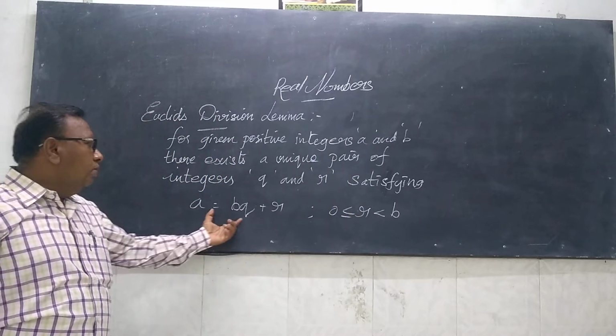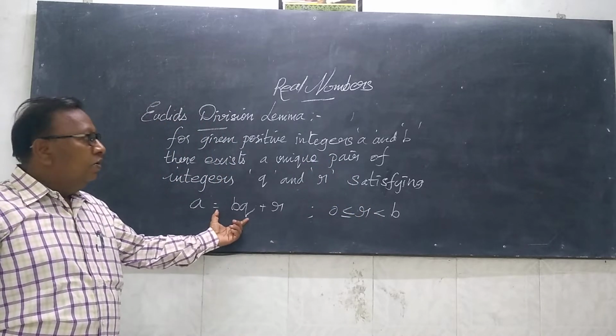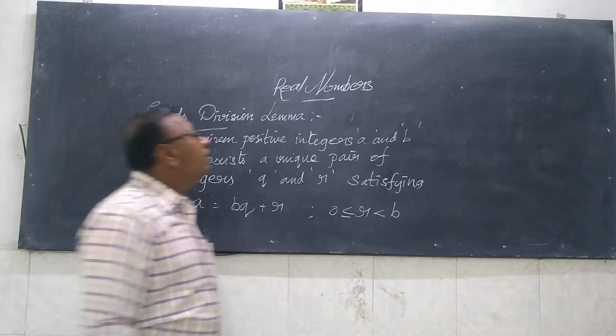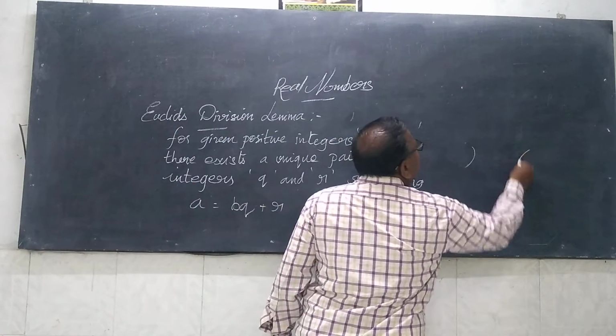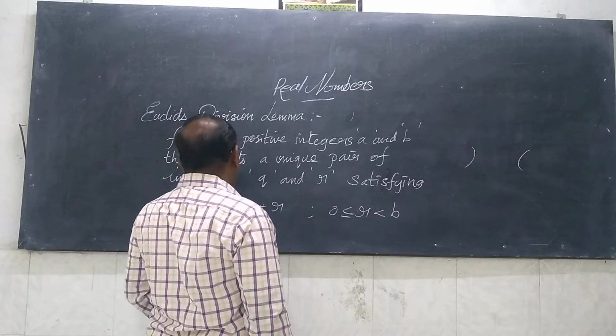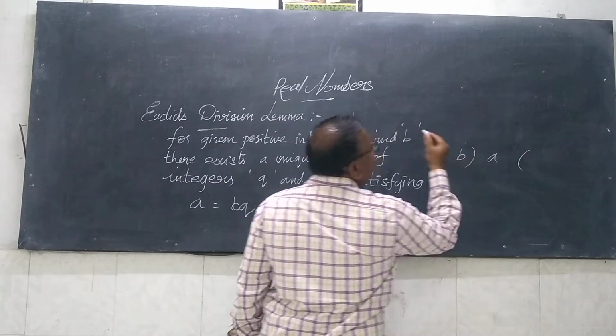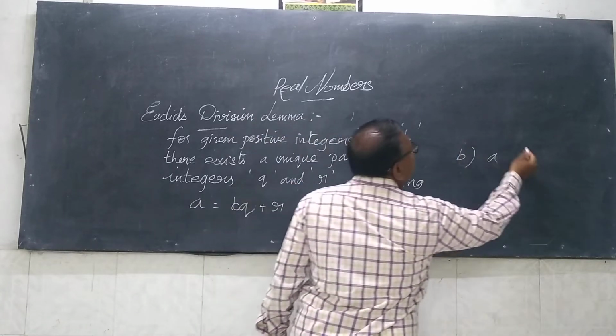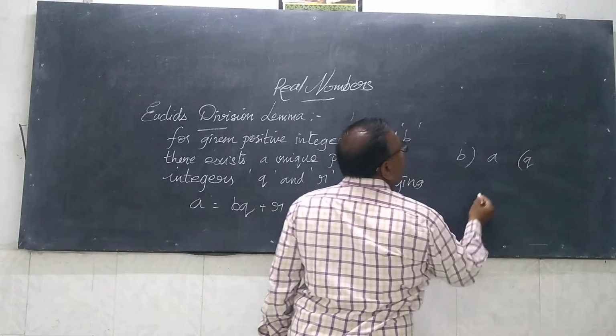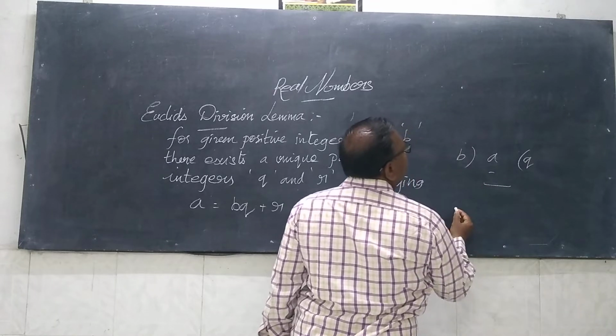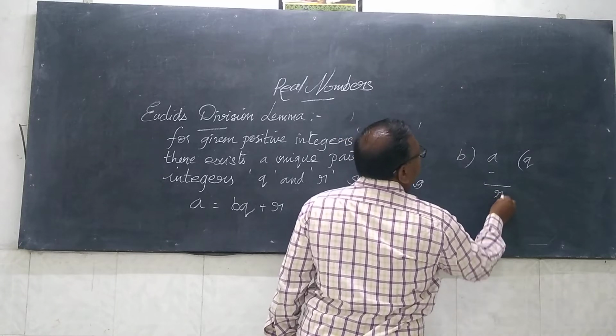Now to remember this equation, we can go for simple mathematics. See here, division of a with b. The quotient is say q, and then for some integer we get the remainder r.